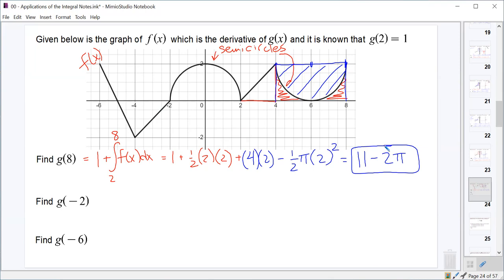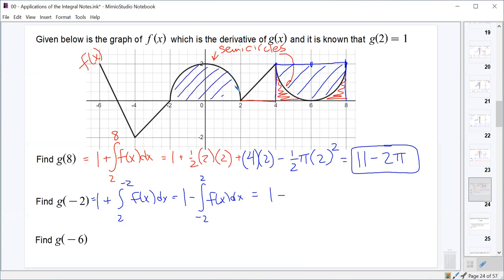In order to find g of -2, we'll have to do 1 plus the integral from 2 to -2 of f of x dx, which is the same as 1 minus the integral from -2 to 2 of f of x dx, just using that rule where we can flip the limits of integration. So we end up with 1 minus the integral from -2 to 2, that's this semicircular region.